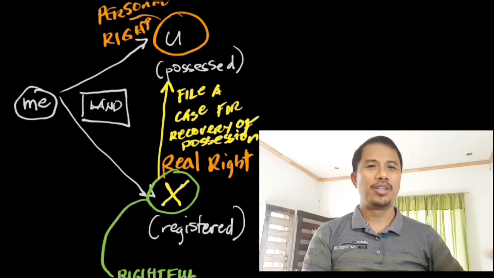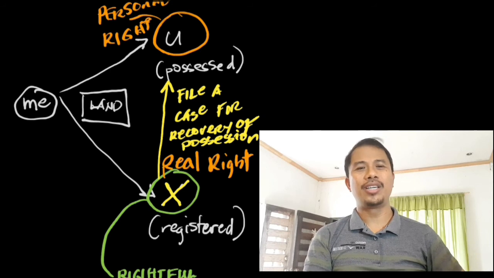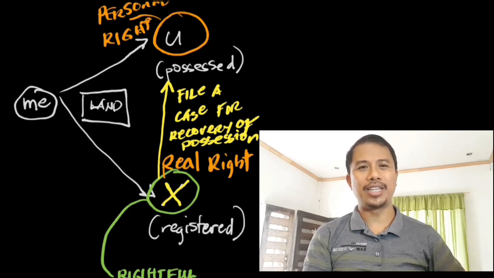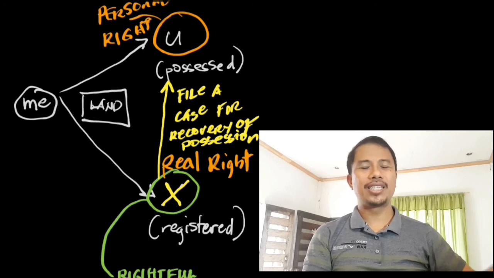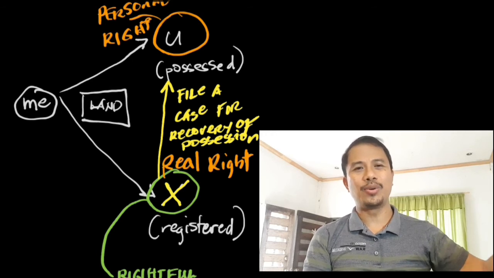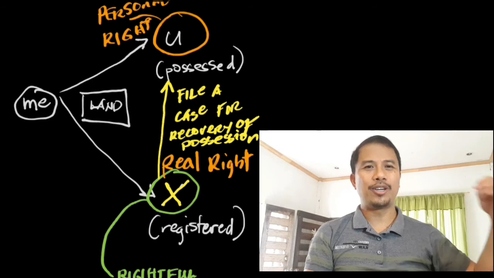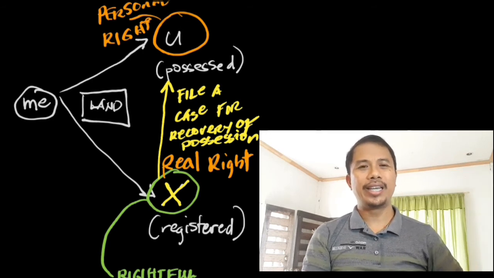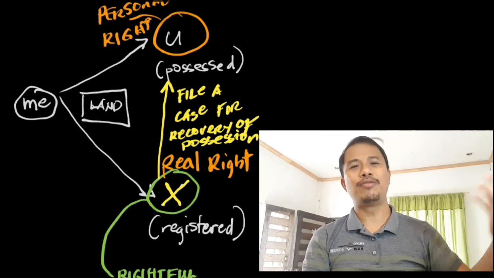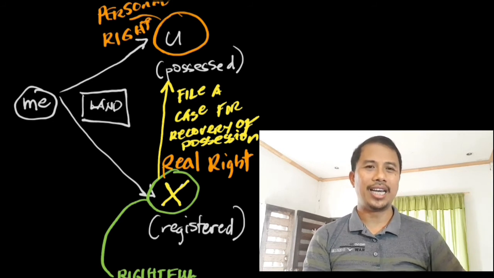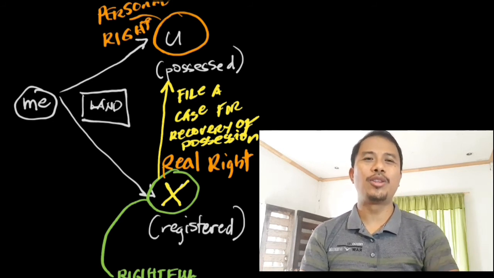The answer is no. You are not the rightful owner. You do not have the real right, since the land was already registered to X and is already delivered to X. Because it's already delivered to X, X is the rightful owner of the land.